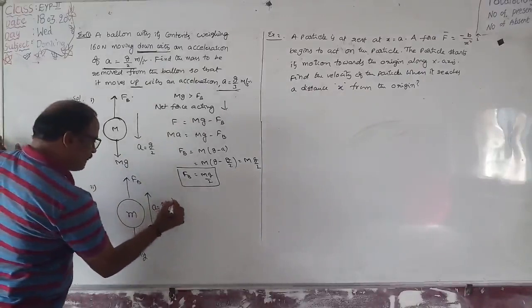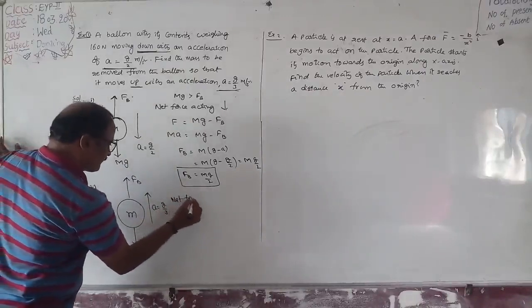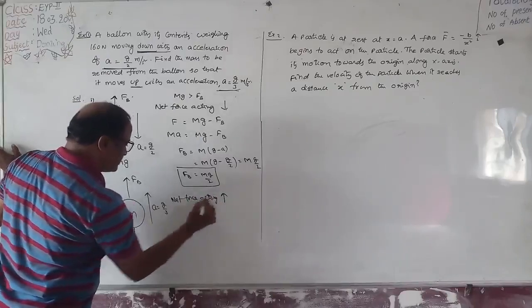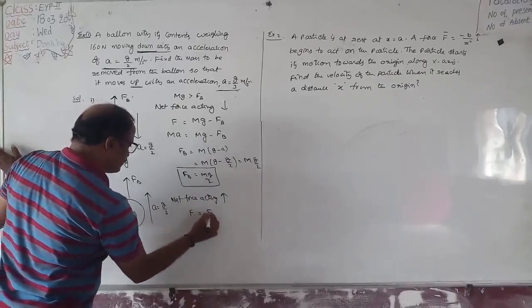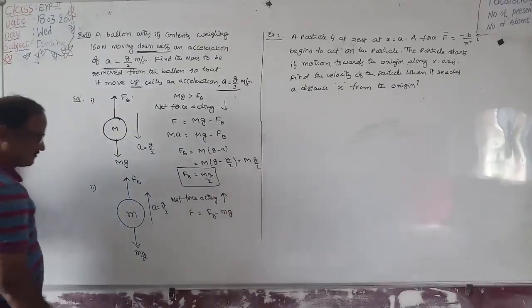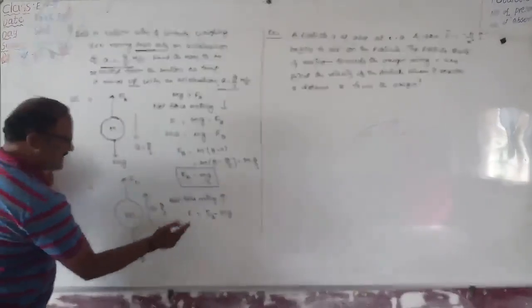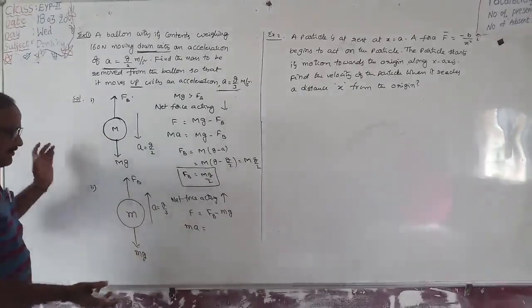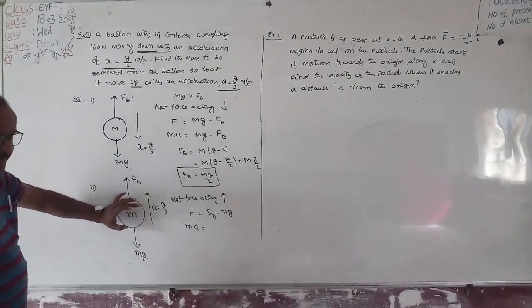Net force acting on the balloon upwards is given by F is equal to Fb minus mg. Right? Here F is also equal to small m into a, not capital M. Here what is small m? Mass of the balloon remaining.